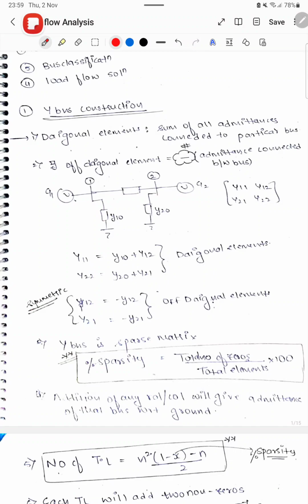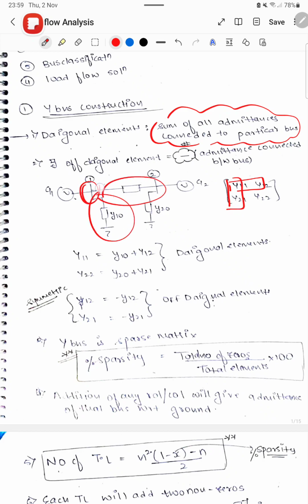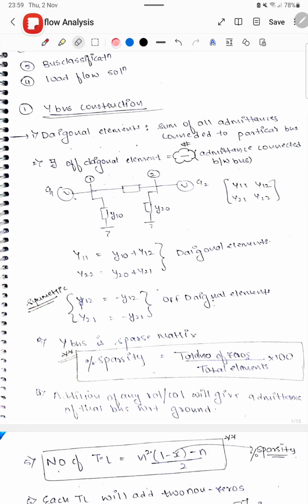So always remember that the sum of all admittances of a row or of a column, meaning all the elements connected to a particular bus. For example, y11 plus y12 would be the ones connected to bus 1.